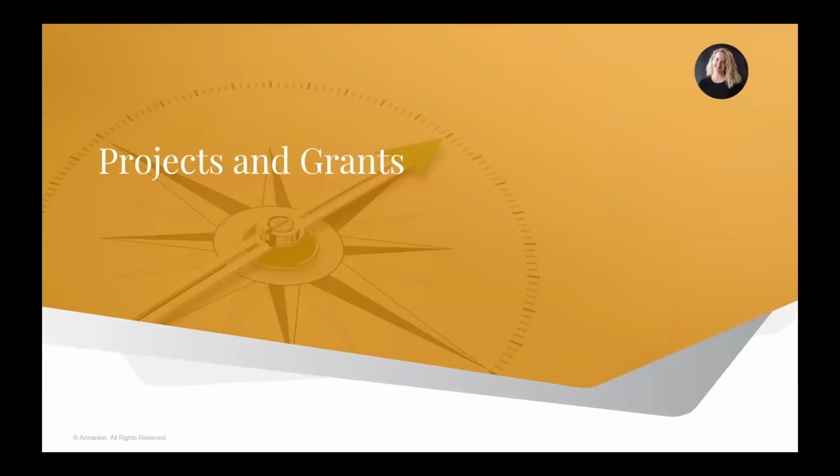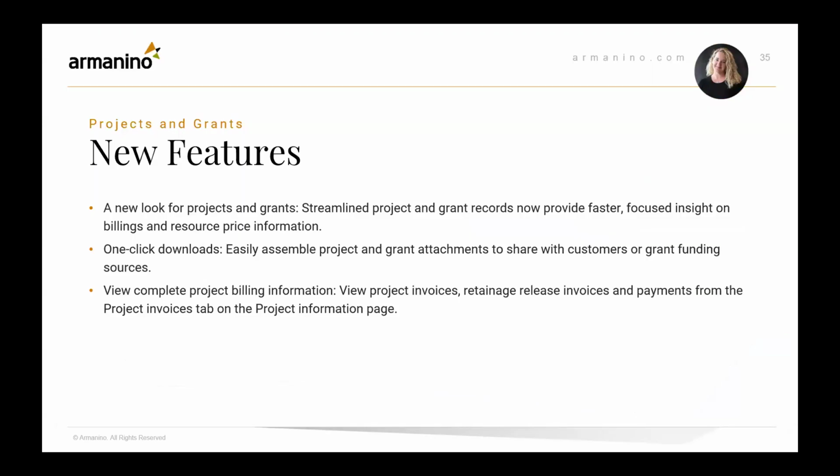Projects and grants. That screen got some new features. There's a new way to look at information so that you can see more insight around billing and resource price information. There are ways to download a group of attachments into a zip file so that when you're sending out invoices, you can add those to the invoices.